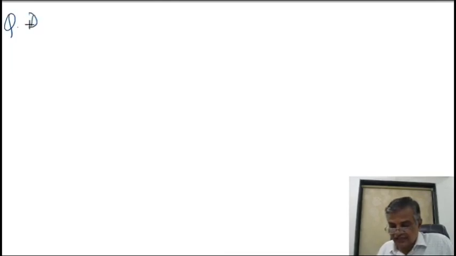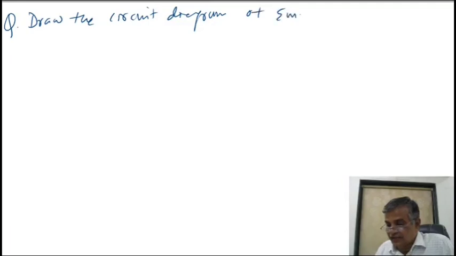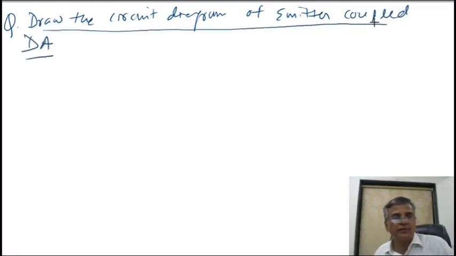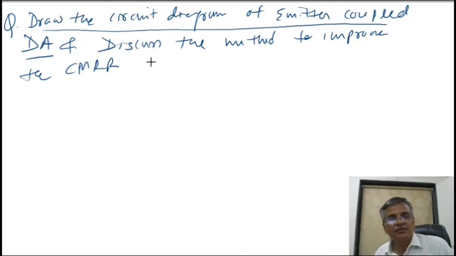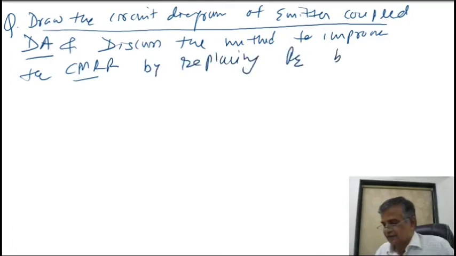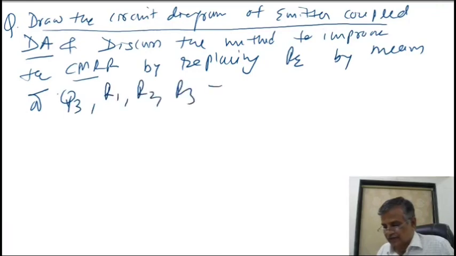Generally we ask a question like this: draw the circuit diagram of an emitter coupled differential amplifier and discuss the method to improve the value of CMRR by replacing RE by means of transistor Q3, resistors R1, R2, R3 and a diode, so that the current passing through the transistor Q3 is constant.